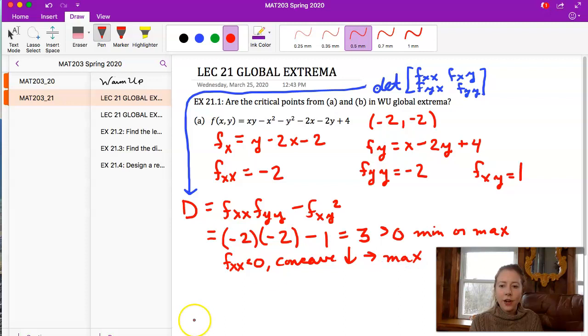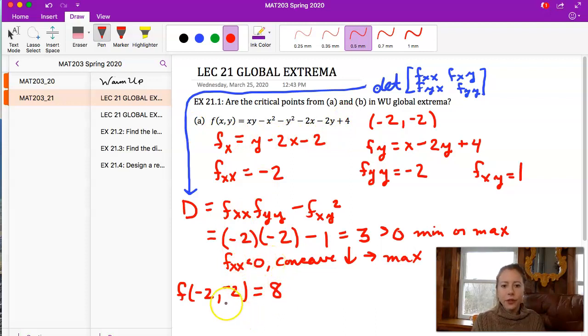And so now we've got to figure out if this maximum is a local or a global maximum. So the way to do that is let's first compute the value at our critical point, which we know is some kind of max. Plugging in minus 2 and minus 2 into our function up above is going to give us 8.